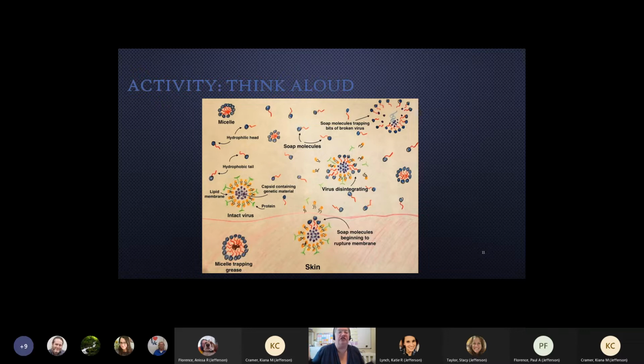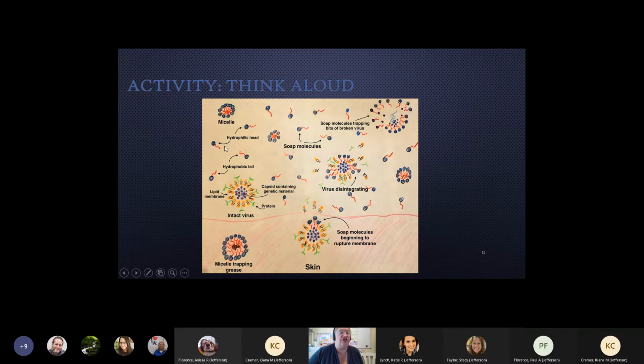Okay, so this one starts out intact. Then it started to dawn on me how this figure is actually represented. It is going left to right, but it's flowing from here down and then up. So here's the intact virus with its membrane. And the soap molecules have a head and a tail that have a little bit different composition.